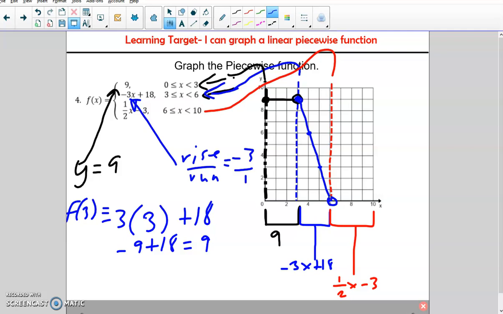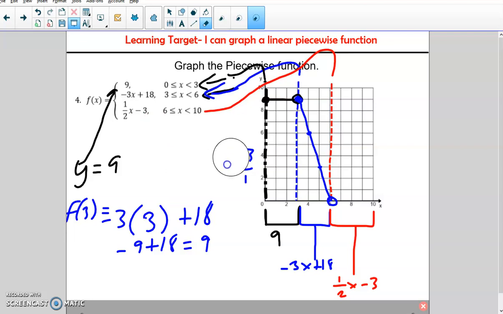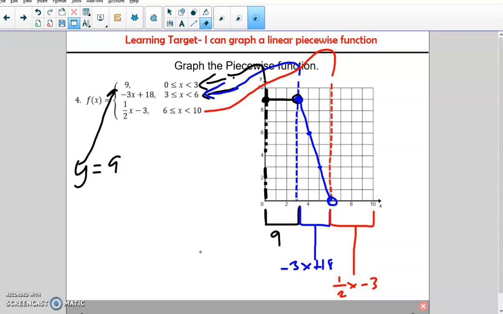Okay, then now from 6 to 10, we've got our function in red here, and that is saying half x minus 3. Now, let's look at the boundary condition. The boundary is at 6. That's where things are changing. So which part of this piecewise function applies for the 6? The third part, where we have half x minus 3. So we want to evaluate what happens at 6.